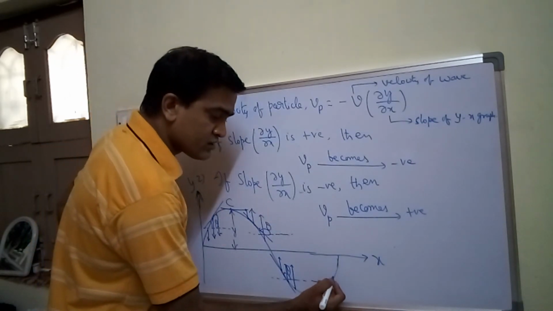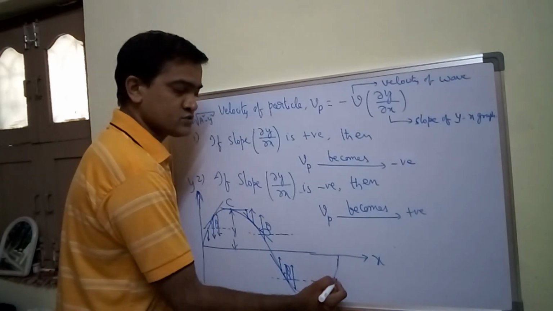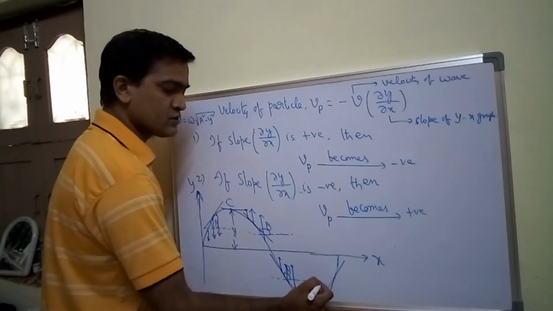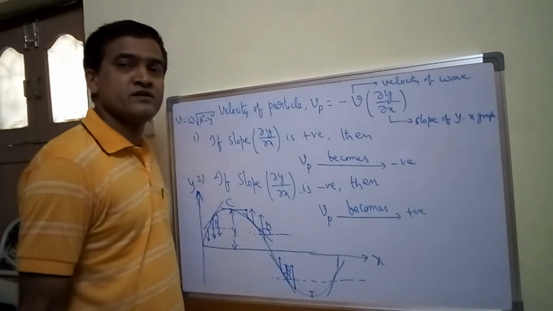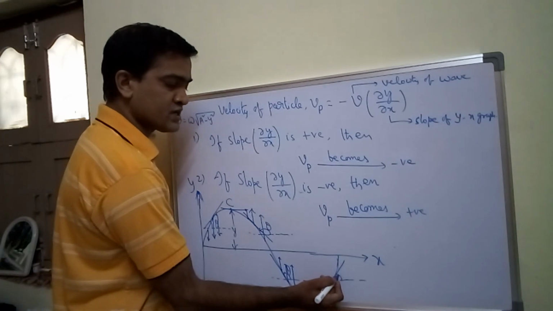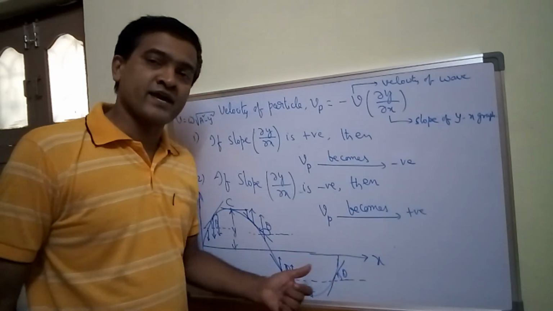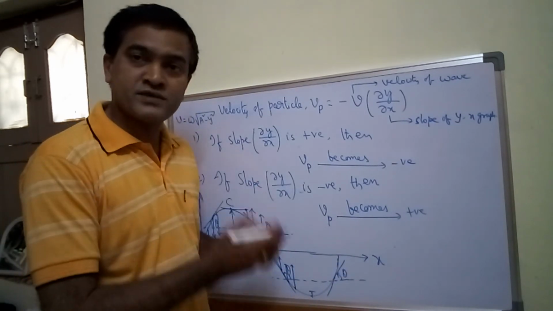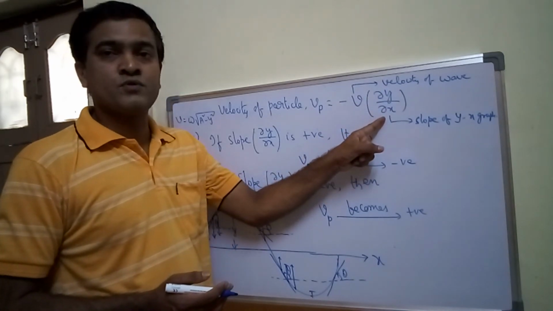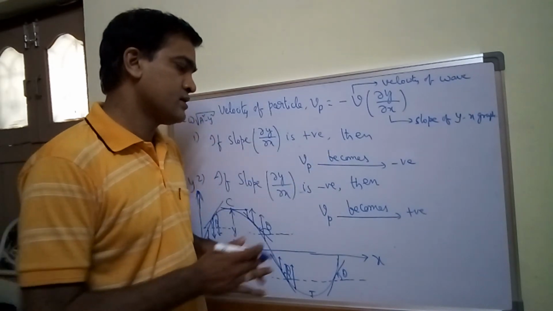Now if I consider one more particle to the right of the trough somewhere, and if I draw a tangent, and if I draw a horizontal line, and if you measure the angle from the horizontal line to this tangent in the anti-clockwise direction, now theta is acute, then I can say slope is positive. When slope is positive, that is dou y upon dou x is positive, then the velocity of the particle becomes negative, right?